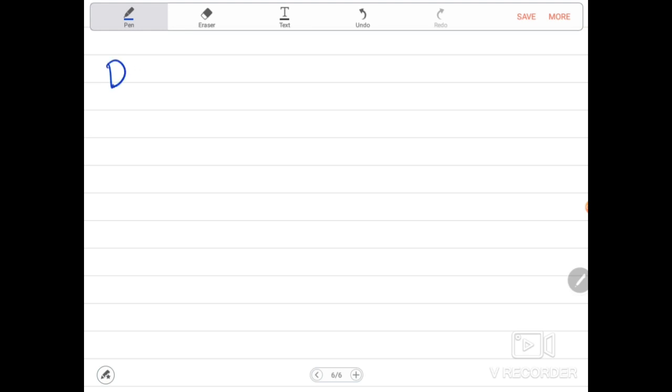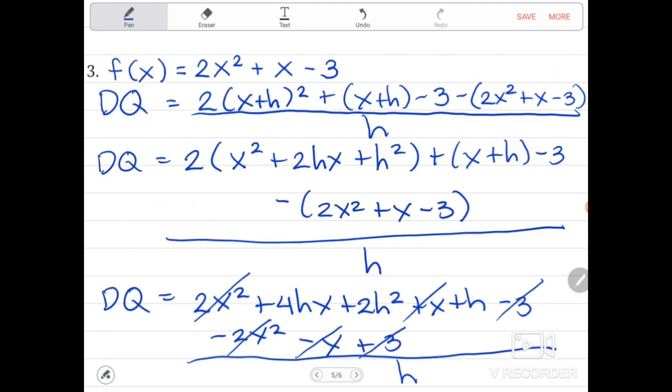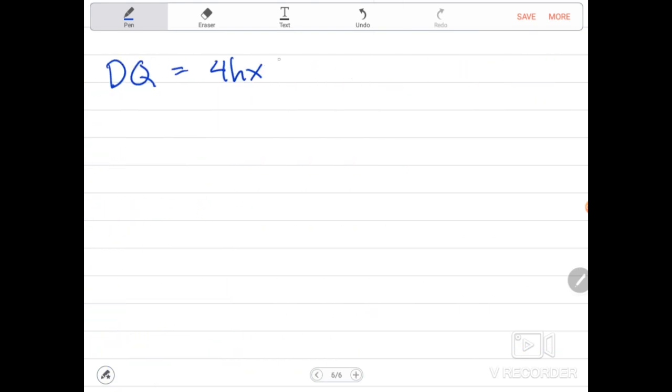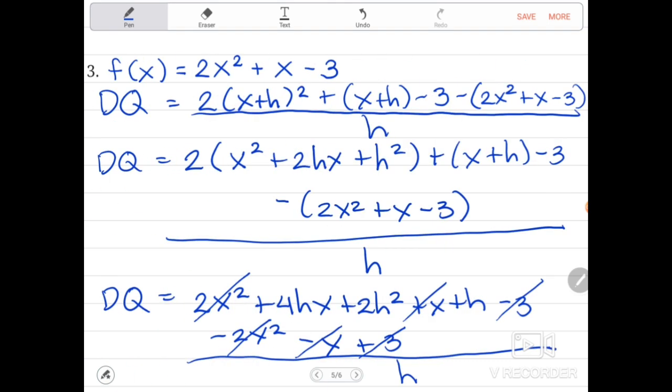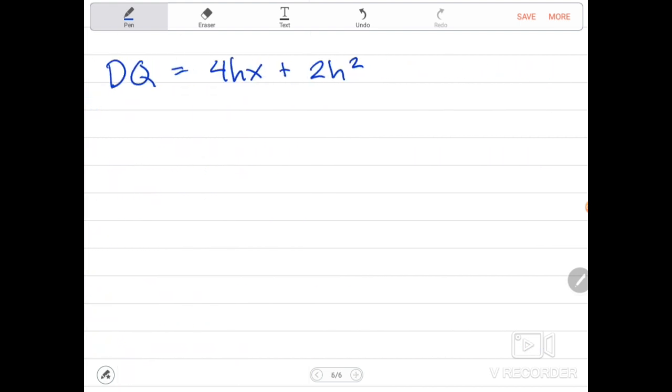So, the difference quotient will be equal to 4hx plus 2h squared plus h, all over h. Okay?